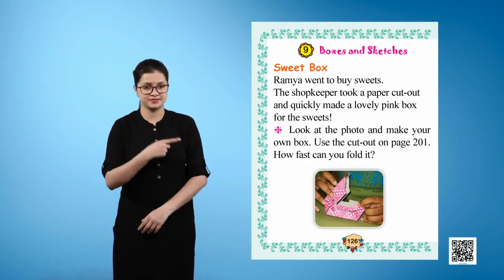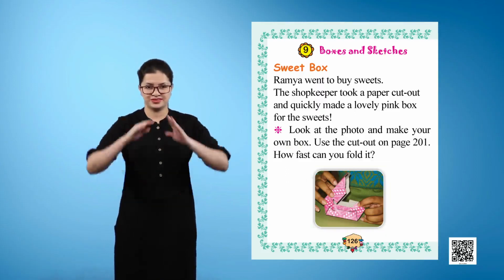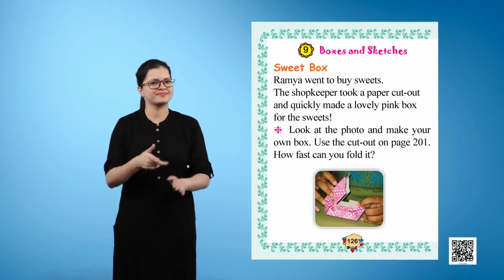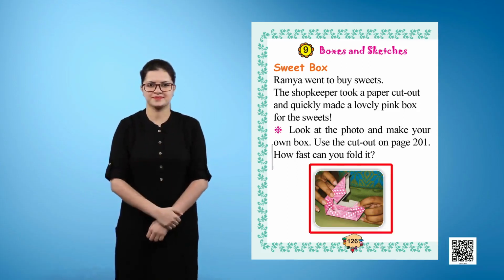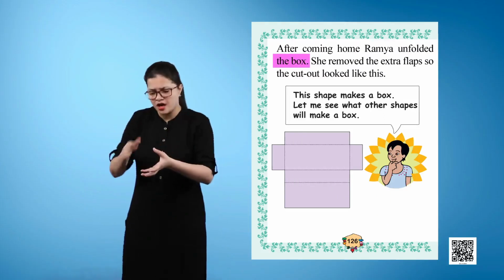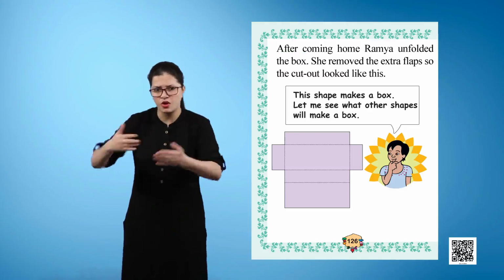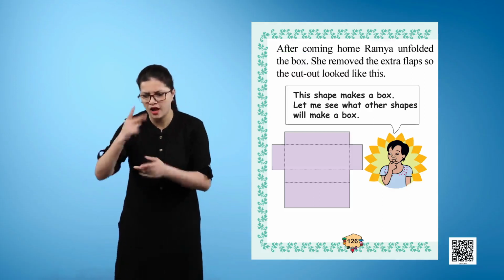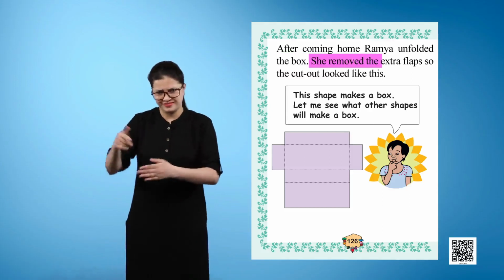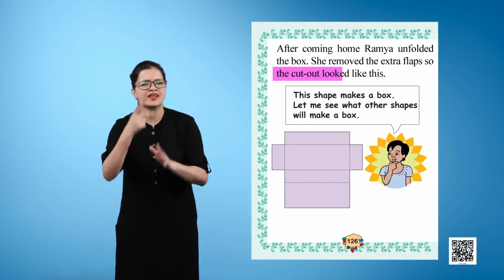To the right side of the page, we see a picture of the box that was made by the shopkeeper by the paper cutout in pink color. After coming home, Ramya unfolded the box. She removed the extra flaps so the cutout looked like this.